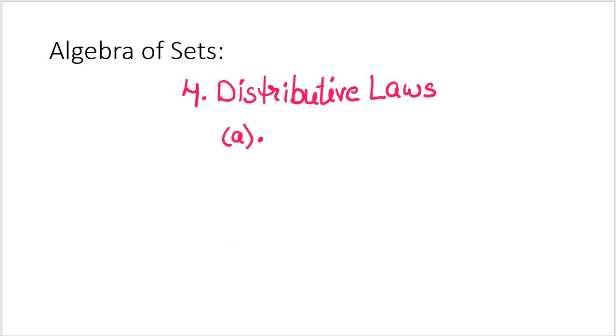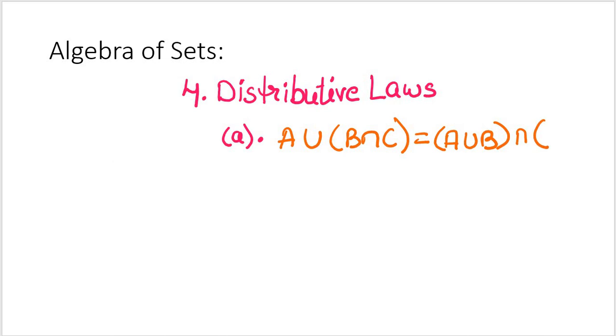So what I have is, A union B intersection C will be equal to A union B intersection A union C. This also makes sense.